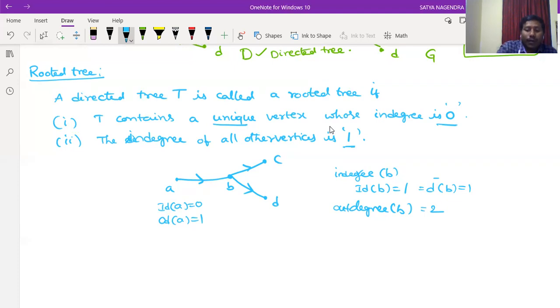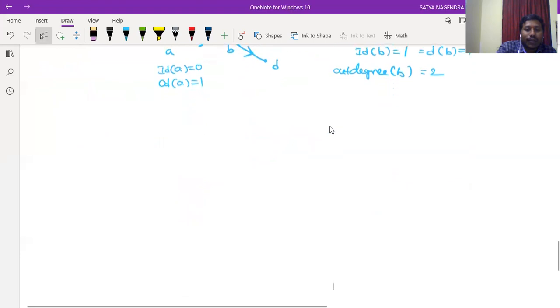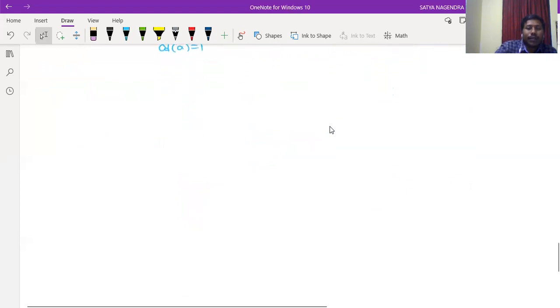Now after observing this rooted tree, we will observe some other terminology in trees. Generally we represent rooted trees in the form of levels. First, there exists only one vertex as a root.